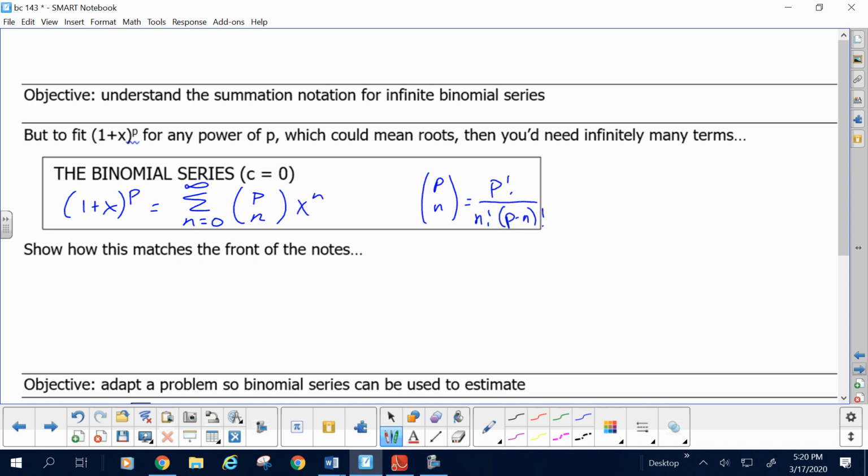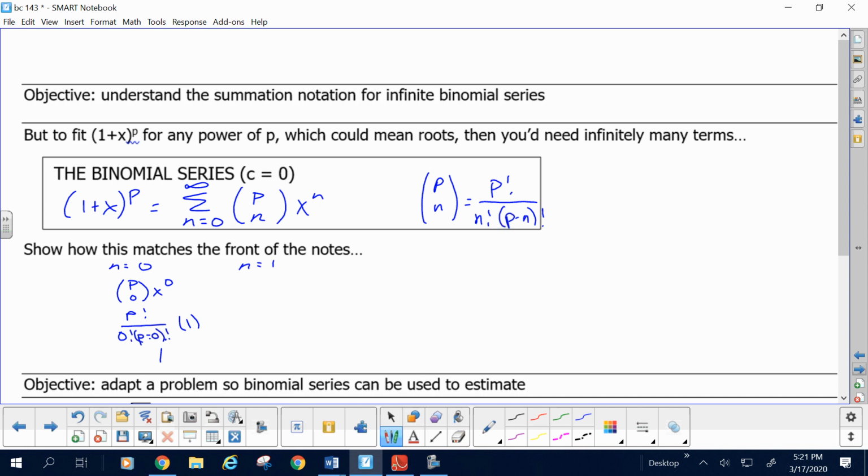When n equals 0, I get something like p choose 0, x to the 0. P choose 0 is p factorial over 0 factorial p minus 0 factorial. And that's 1. Well, that is p factorial over p factorial. 0 factorial is 1, and so we get a 1 for the first term.